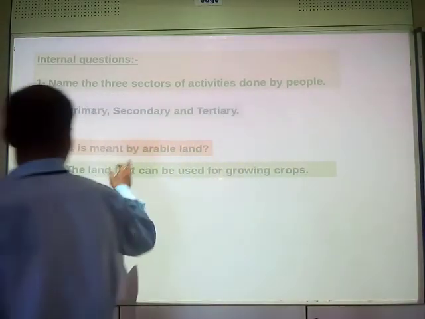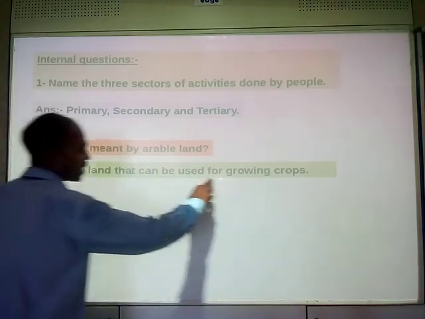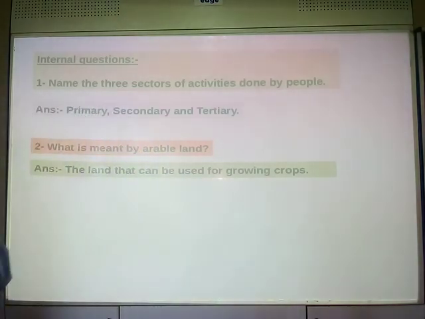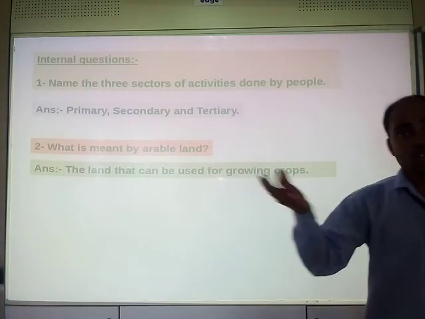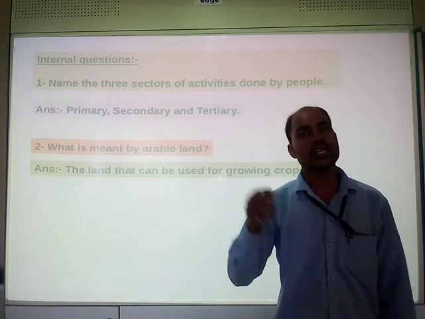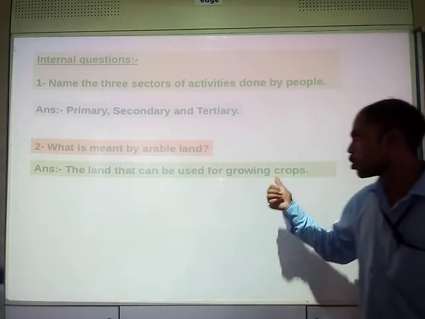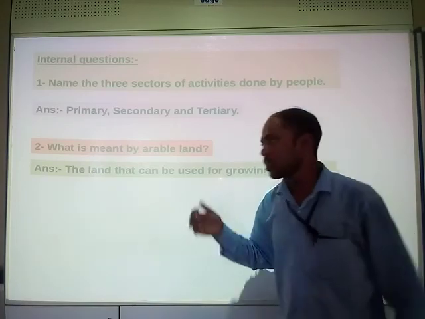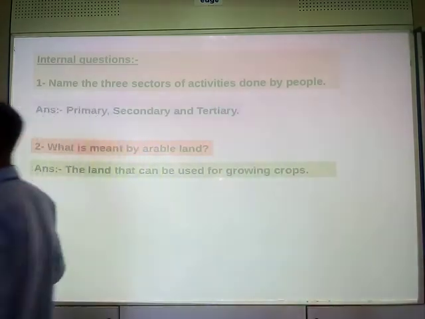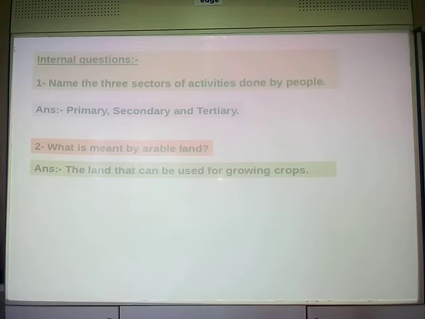Here if you write agriculture, inside agriculture, rearing of domesticated animals also comes. So the land on which crops are grown is known as arable land. That is the exact word for it.